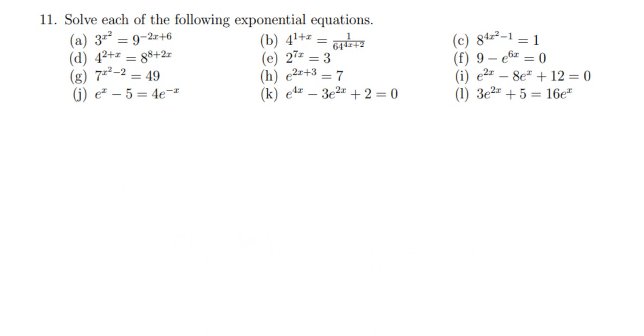Which other one should we solve, or the one that we haven't yet solved? I was saying e to the power 2x − 8 e to the power x + 12 is equal to 0. So what do you do for this expression?